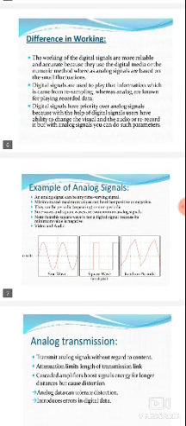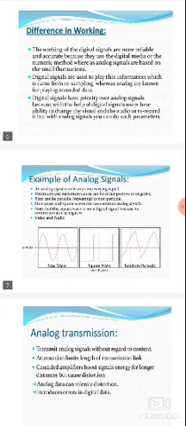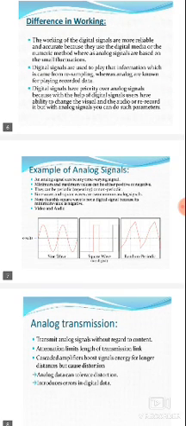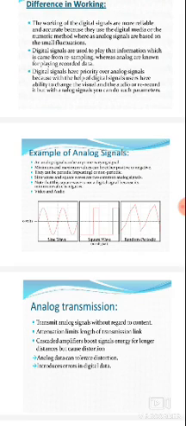Analog signals support audio and video communication. The main advantage of the analog signal is that it occupies less bandwidth and suits a basic communication system. The main disadvantage is that it has more noise.